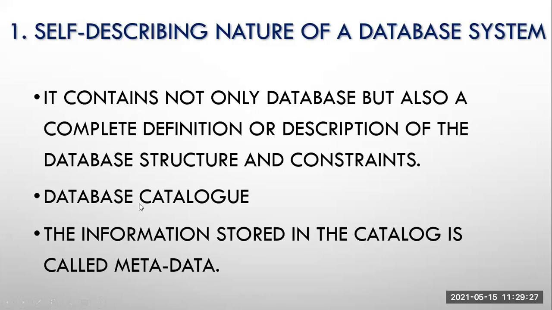Why? A moment back, I told you that in the database catalog there is already roll number, name, marks 1 to marks 5. That is also one kind of data itself.